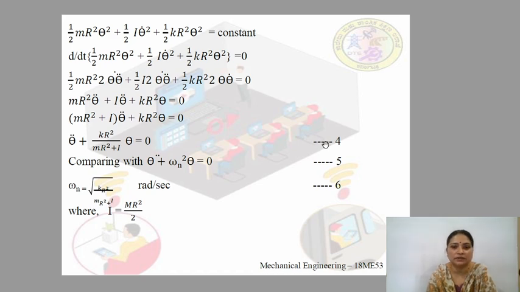As we all know, the equation of simple harmonic motion is theta double dot plus omega n square theta is equal to 0. This is a standard equation. Let me call this equation number 5.